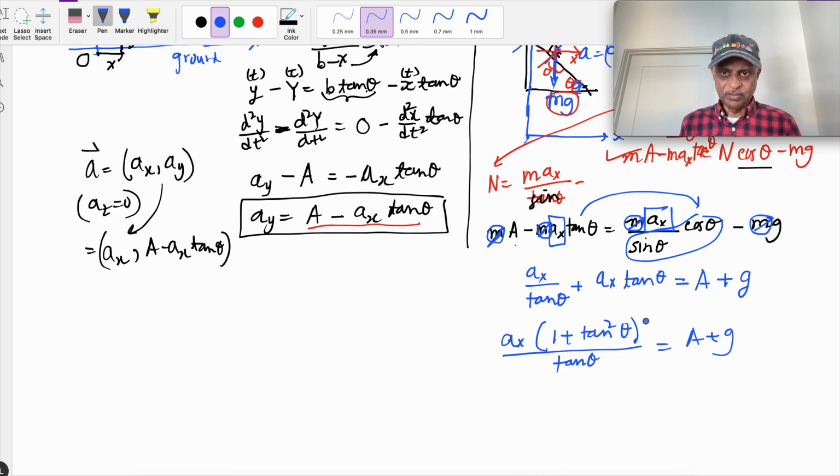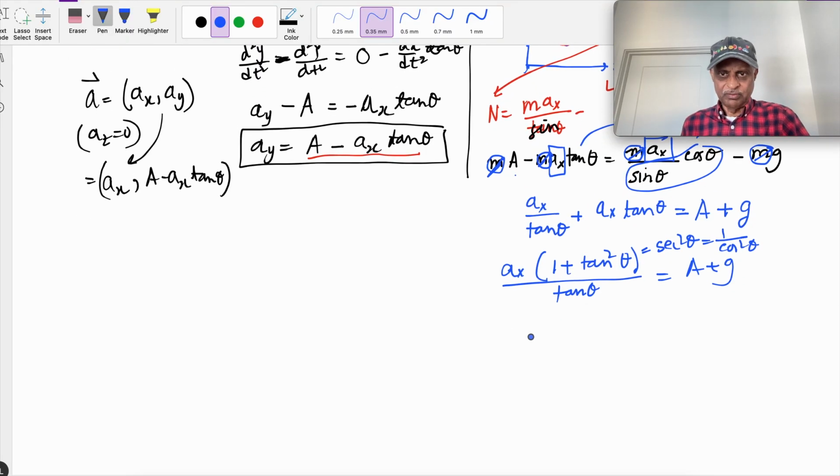and this is just sec square theta, and that's just 1 over cosine square theta. So if I write this a little bit, so this is cosine square theta and sine theta by cosine theta. So one of them goes away, multiply by 2, and that becomes sine 2 theta.